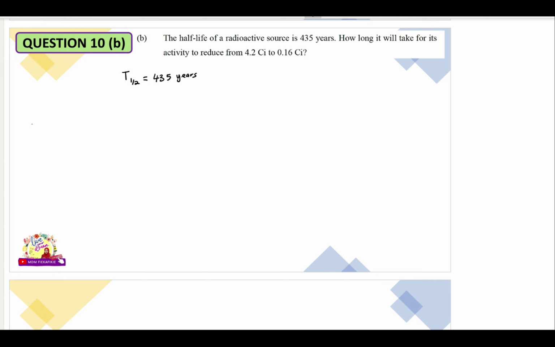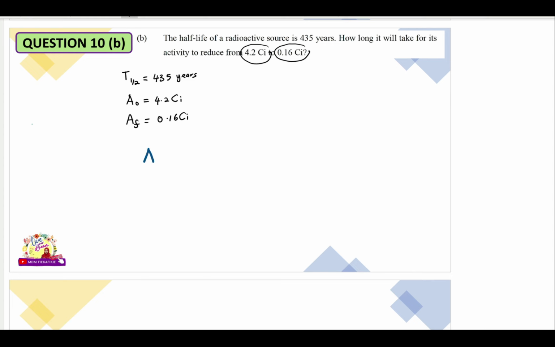Okay. So, how long it will take for its activity to reduce from 4.2 Ki to 0.16 Ki? So, it means that initial activity is 4.2, and final activity should be 0.16. Okay, tak perlu you nak tukar lah unit Ki. Okay, tak apa. You terus tulis sahaja pun boleh.